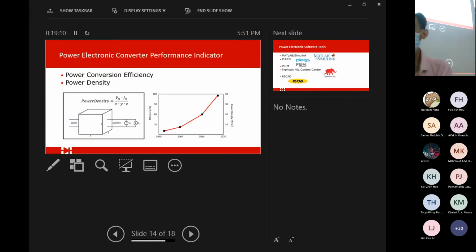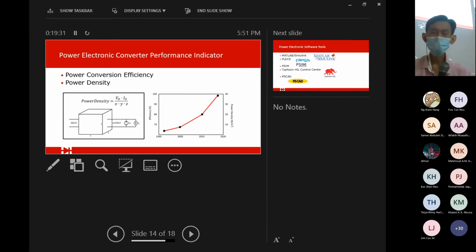And then the power electronic converter performance indicators. When you make a converter, how do you know how good your converter is? Firstly is power conversion efficiency.